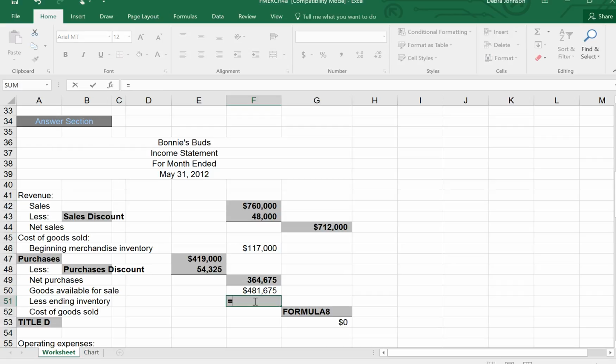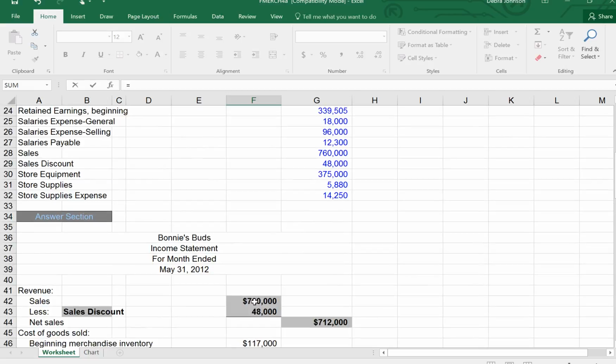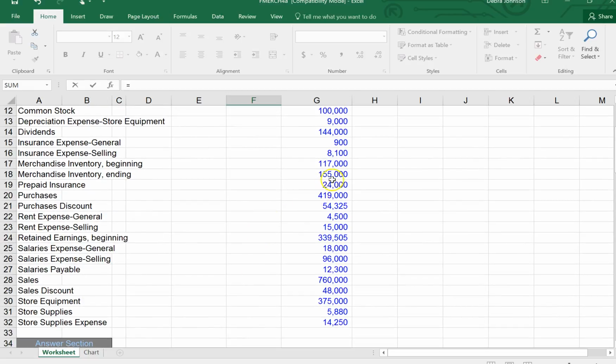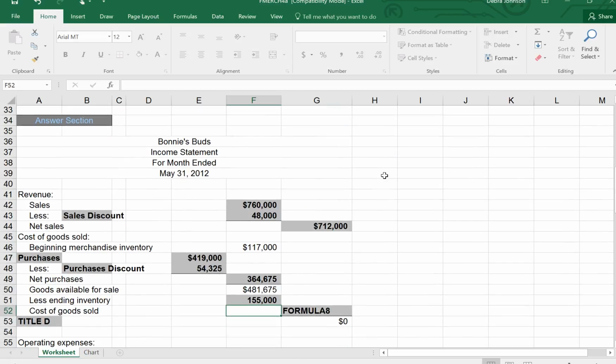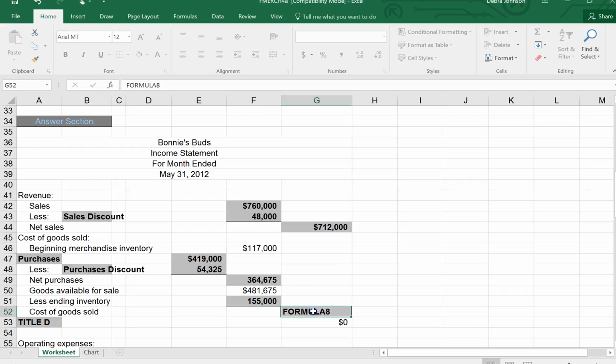So once again, I'm going to put in my equal sign. I'm going to find my merchandise inventory at the end and pick up that cell reference. And finally, I'm ready to calculate cost of goods sold, which is the difference between these two cells. So I'm going to put my formula in there.